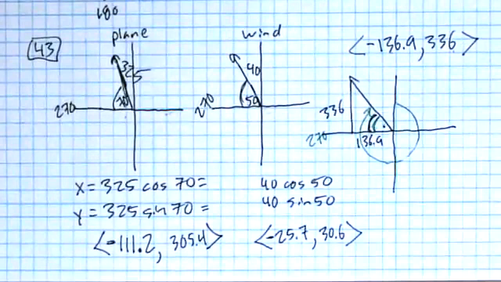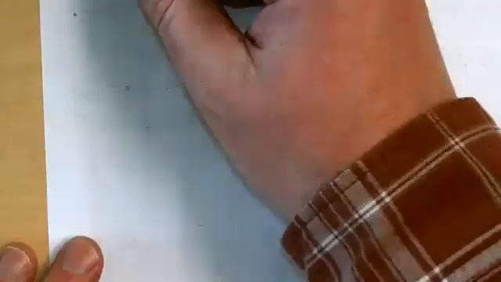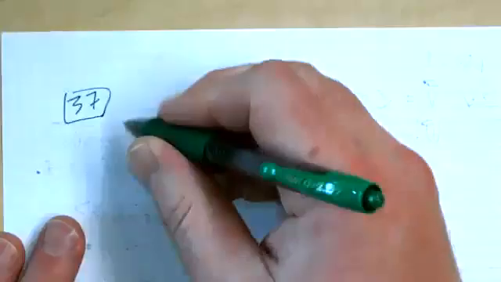Okay, were there any others from the homework that you guys would like to go over? 37. Find the magnitude and direction of the angle. So 37. Oh, I like this one. This is interesting.